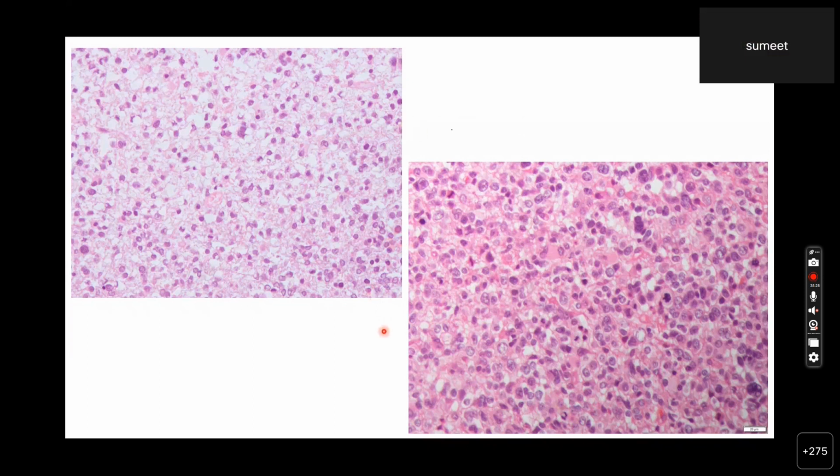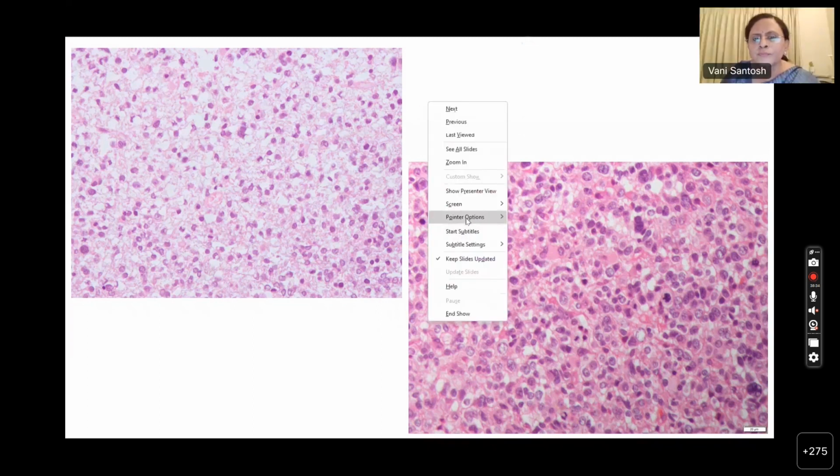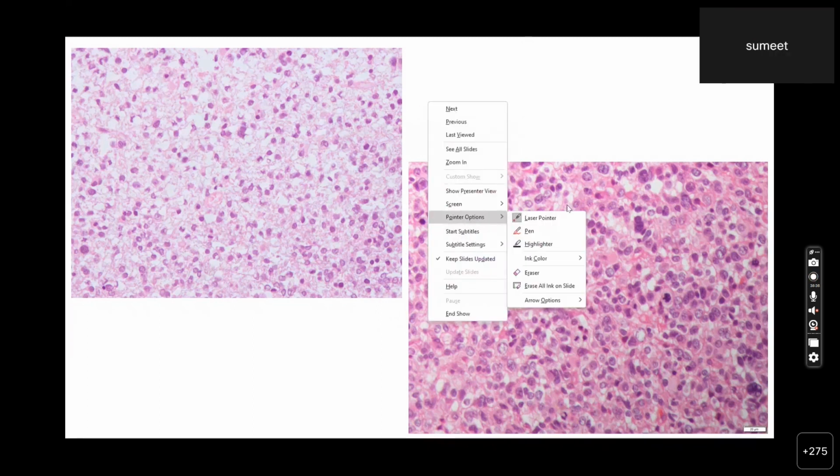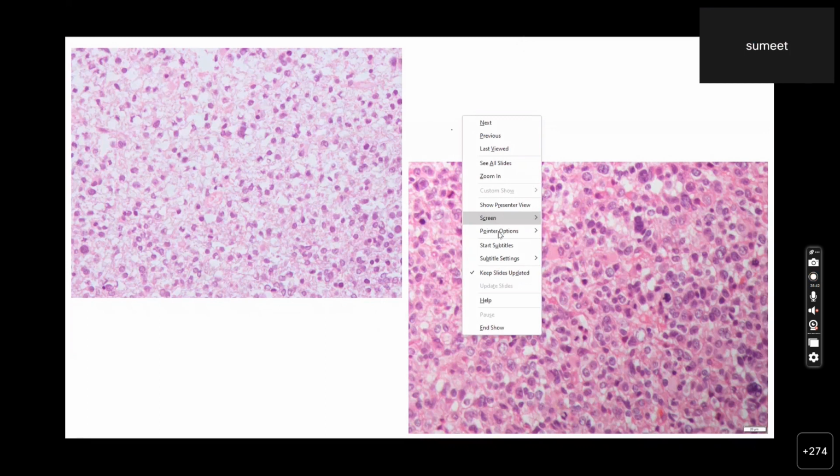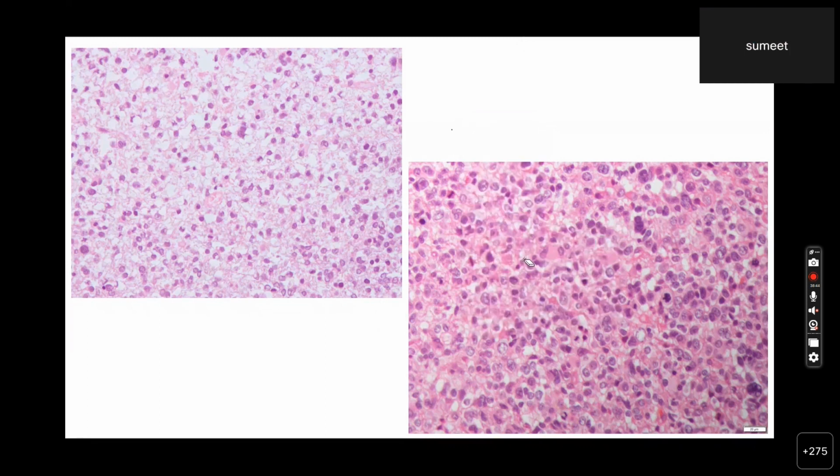It is not moving. Maybe you'll have to erase all ink on the slide.